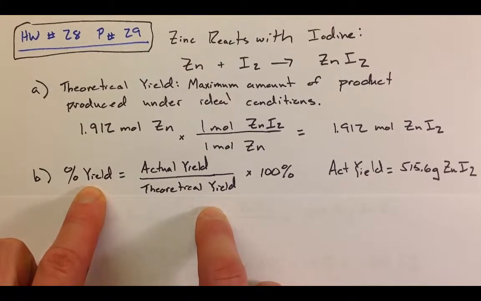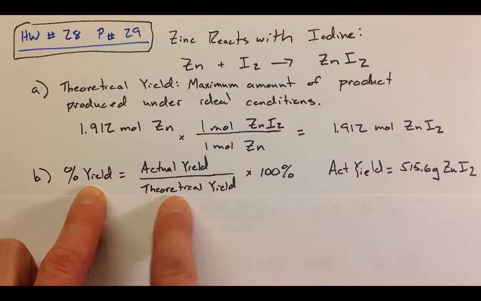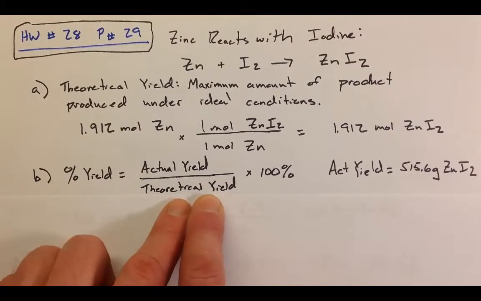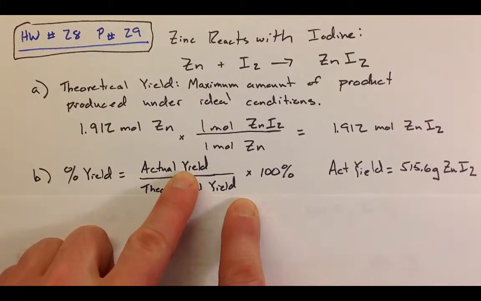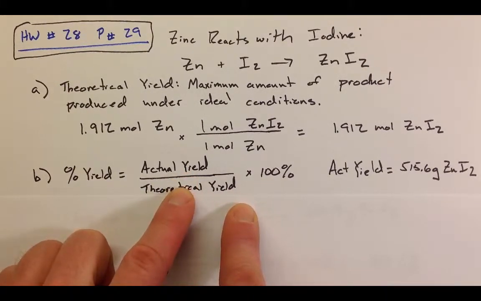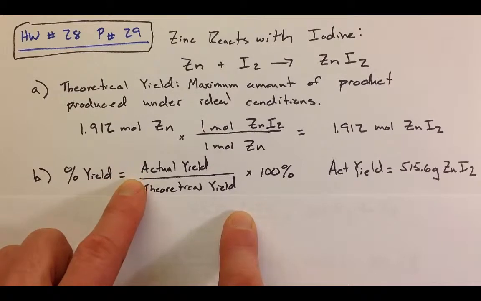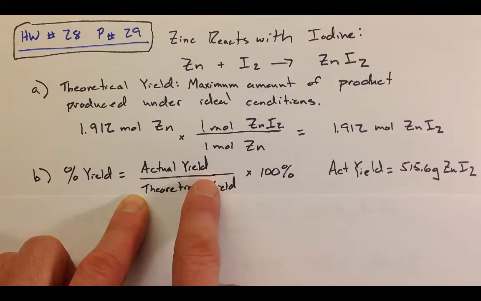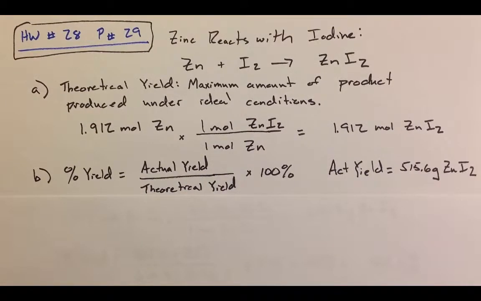So a percent yield says, if you did things perfectly, you'd get a perfect amount, a theoretical yield of 100 of everything you possibly could. But in the real world, that doesn't always happen. So a percent yield's kind of like a score. If you're supposed to get 100 grams of something, you get 80 grams. Well, you got 80% of what you should have.